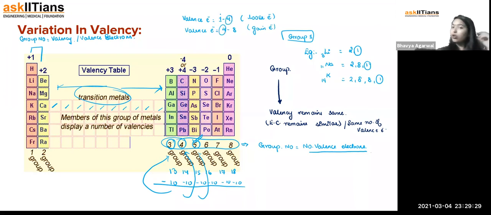It means it can be lost, gained or shared. Any element having 4 electrons in its valence shell will have a tendency to either lose those 4 electrons, gain those 4, or share those 4. Now, since you know that noble gases have a complete octet, their valence electrons are 8. And since the valence electrons are 8, the valency will be 0.